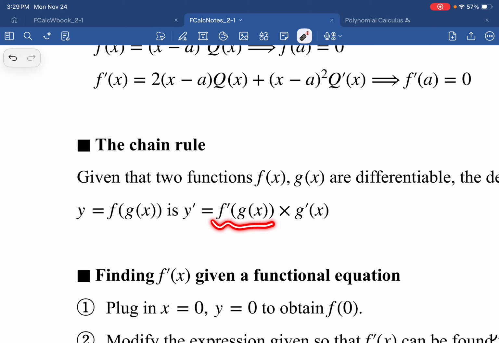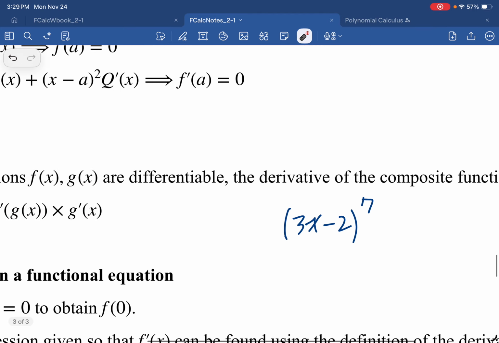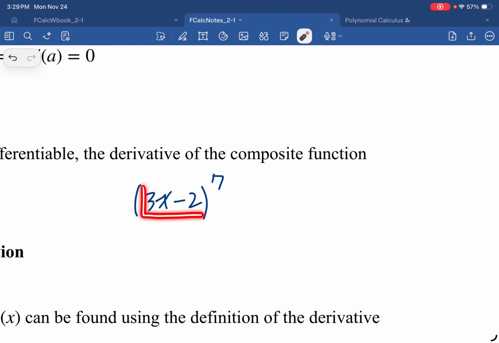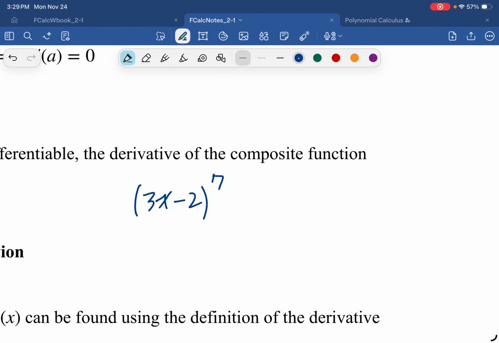Now this part will probably not be too surprising for you, right? So what we want to do is treat this as a single object and then just take the derivative as we normally would. What might surprise some of you is the additional multiplication by the derivative of the inner function we have here. So what we need to do for this one, if we're using the chain rule, is treat the inside function, the inner function, 3x minus 2, as a single thing, like sort of treat it as a single variable and just take the derivative as we would normally do.